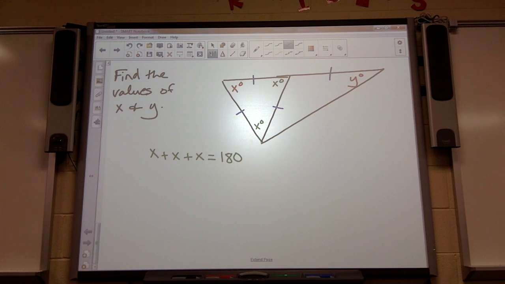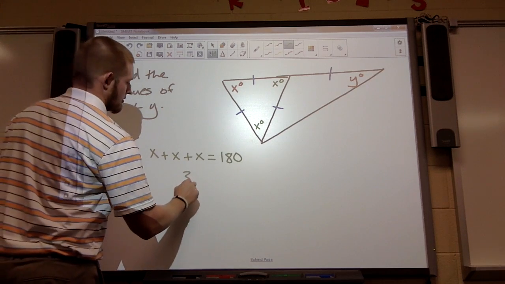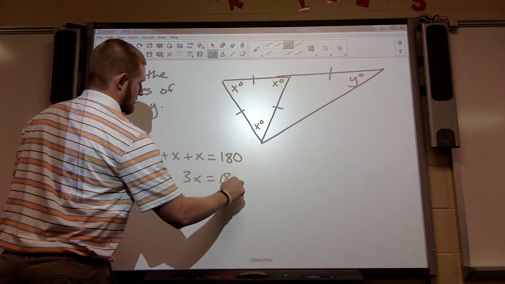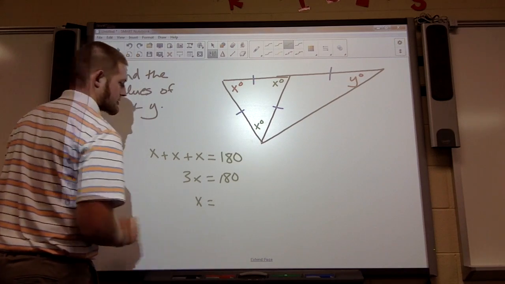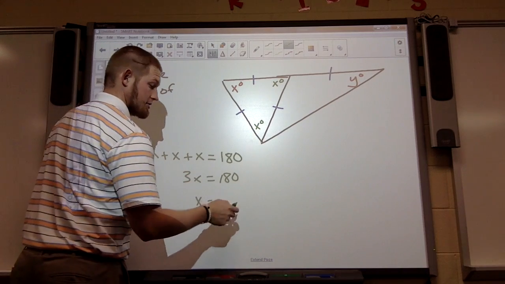Now, if that's the case, then I have 3x equals 180 degrees, which therefore means that x must be 60.